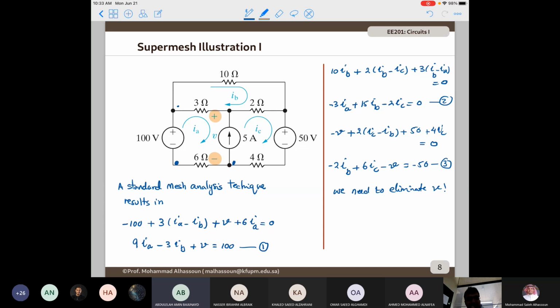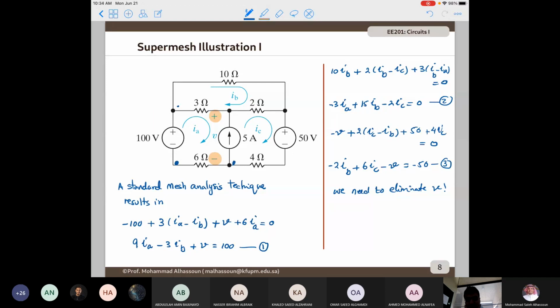No, we're setting things up here. We're assuming the direction of the current source. So we have to be consistent here. If we assume the direction of the current source this way, then we have to consider it when we apply KVL in loop A and KVL in loop C. So we cannot just flip the direction. Okay.